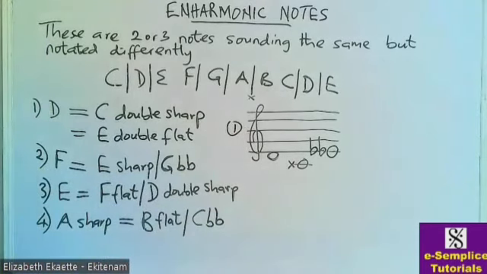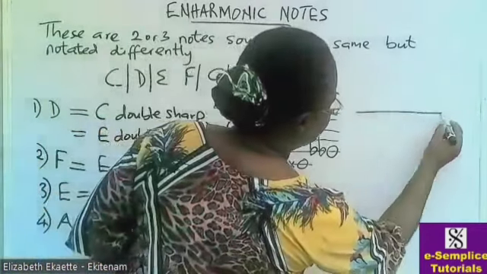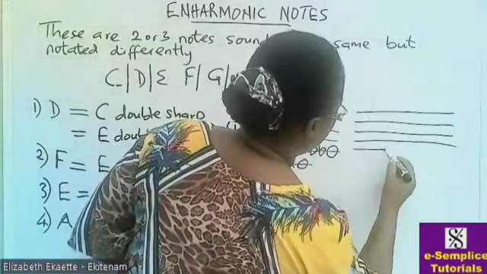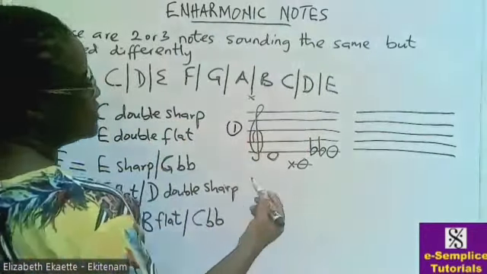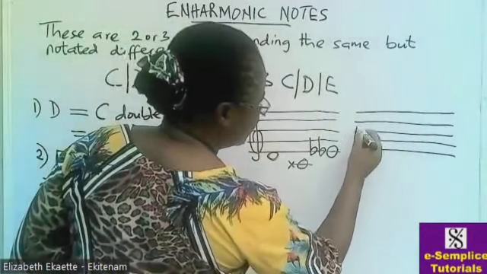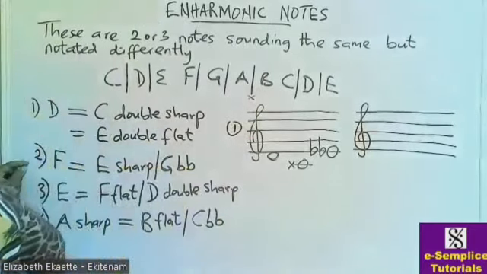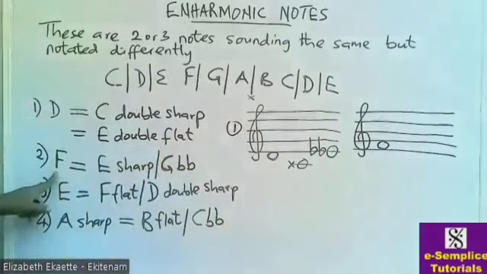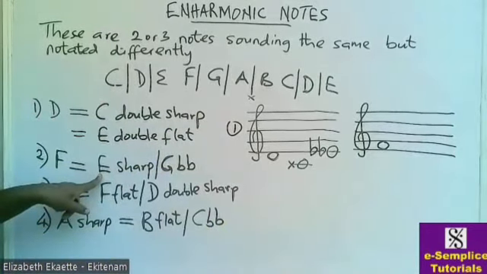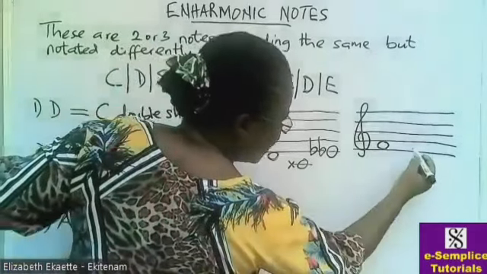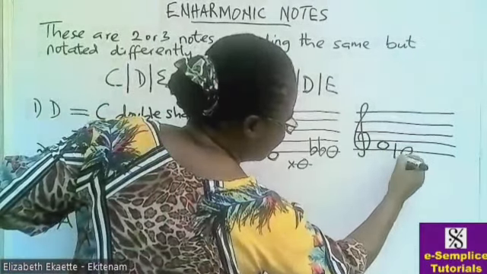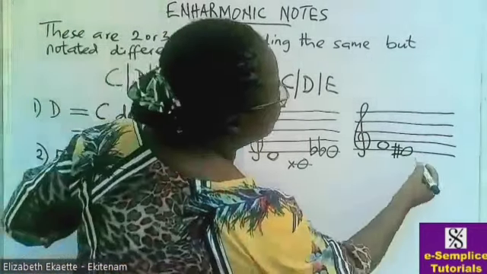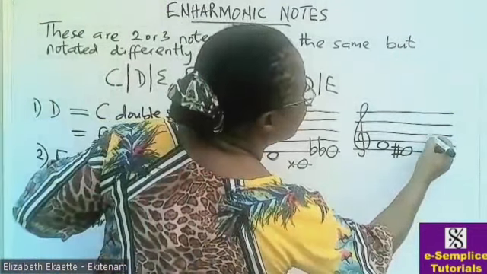Let's take question two. For question two, we can still do treble clef. The note given is F. Let's use this F here. You are given F here, and we show E sharp and G double flat.